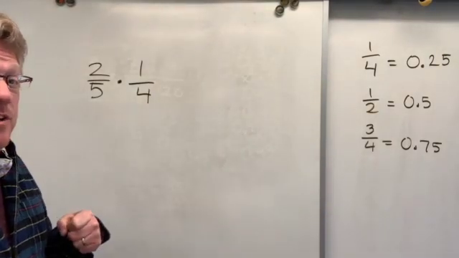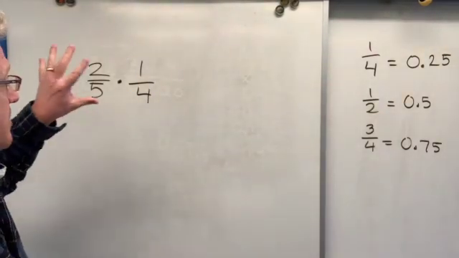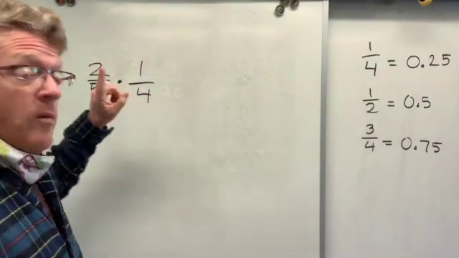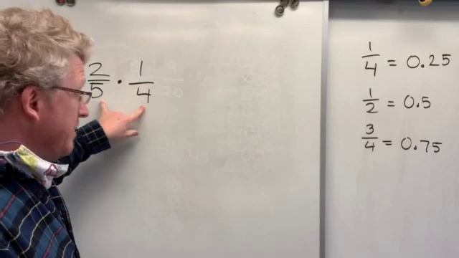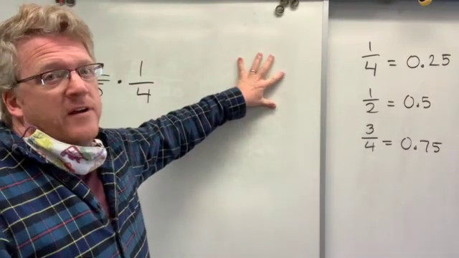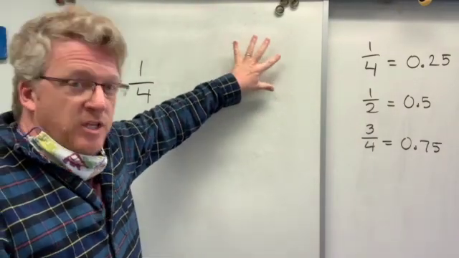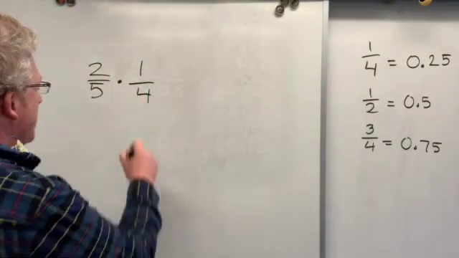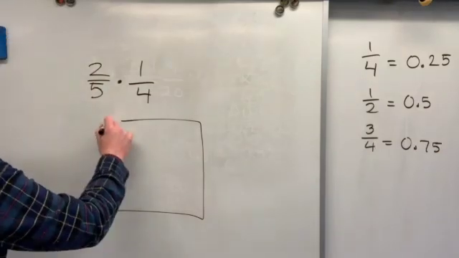What I'm going to ask that you do is figure out, because you already copied the notes from the beginning of this video, what these are going to be as decimals. So you're going to figure out what the decimal problem is. You're going to multiply the decimals. You're going to solve these, and you're going to then prove to me their equivalence.